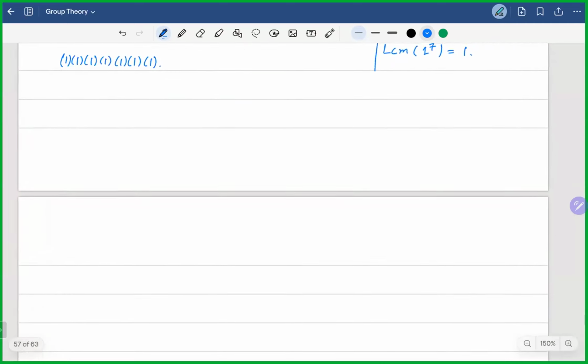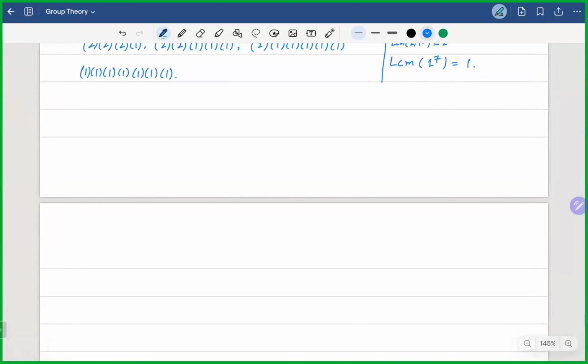Now, what can you do to find out the number of elements in a group of a certain order?